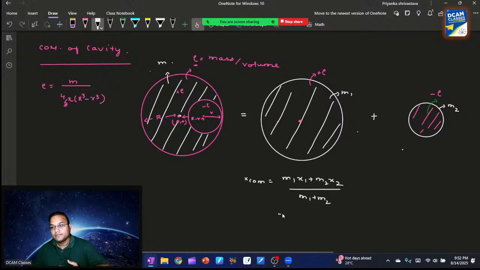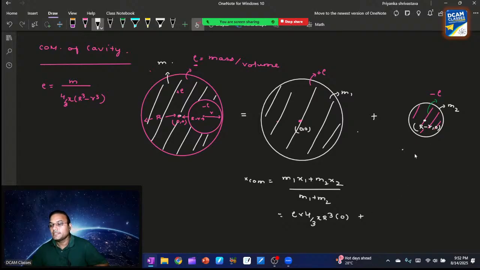What is m1? Mass of this whole body, rho into 4/3 pi into capital R cube. Its center of mass is at 0 here. The second body's center of mass is at capital R minus small r comma 0.